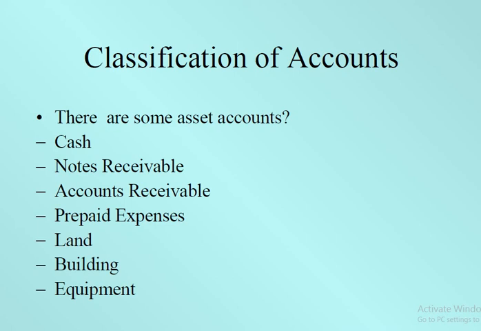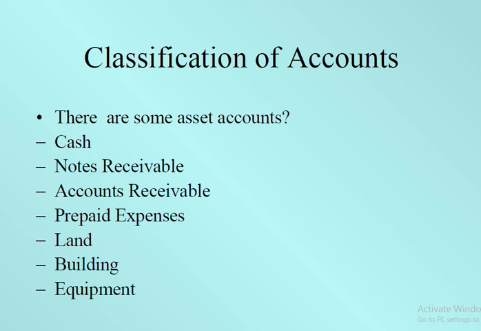Notes receivable or accounts receivable are the amounts receivable at some future date. Notes receivable and accounts receivable are current assets. Cash is also a current asset. Prepaid expenses are all the advance payments.